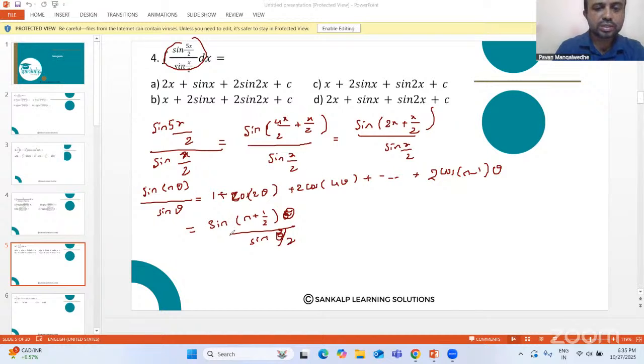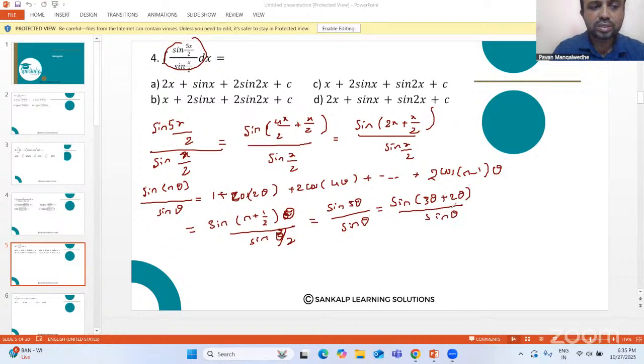Now using this condition, what we can express is sine of 5 theta upon sine theta, which is sine of 3 theta plus 2 theta upon sine theta.